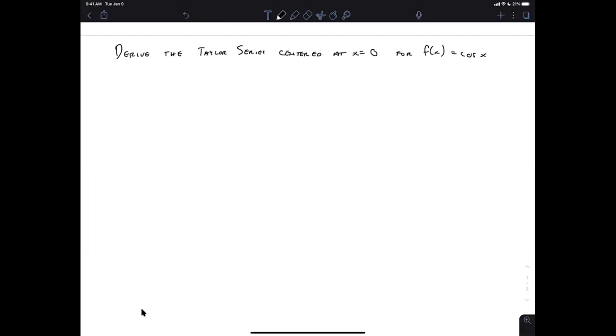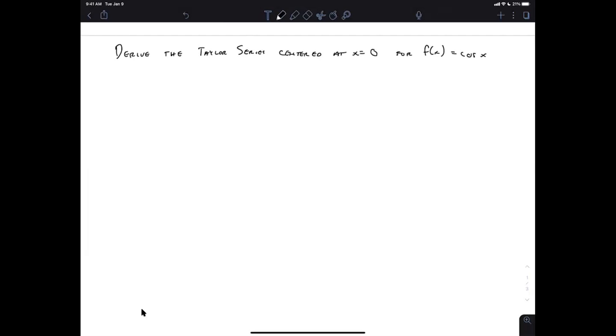The directions here could say find the Maclaurin series or derive the Maclaurin series for cosine x. It could say Taylor series centered at 0. It could just say power series where we choose the center of 0. All of those would be basically the same. Those are actually the same thing in this case.